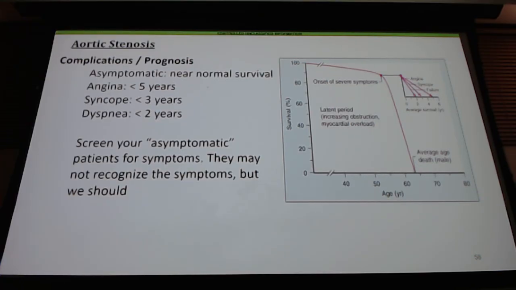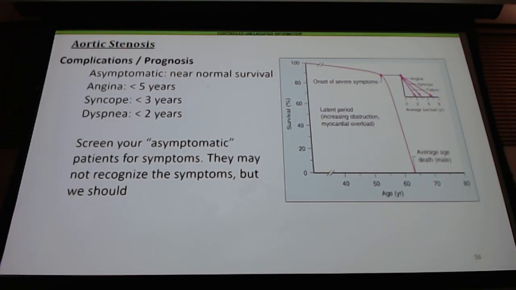One other thing to talk about is when your patient meets the criteria for severe aortic stenosis, you have to start asking them about symptoms experienced. And this is important. If they say, oh, I'm completely asymptomatic, I don't have any problems, I go about my day, fine. You have to verify that they are in fact asymptomatic and haven't made lifestyle changes that might make it look like they're asymptomatic.